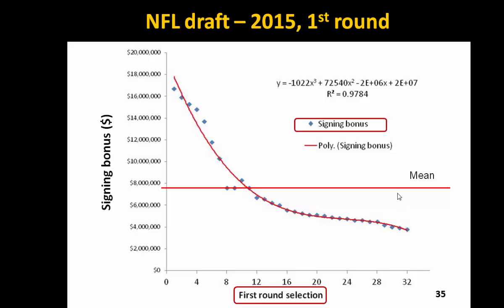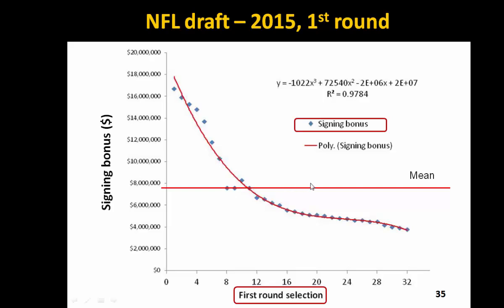If we calculated the average, which we found to be just over $7.5 million, somewhere right around here, we see that only 3 players had a value around that average, whereas the rest of those first round selected players did not have a salary close to the average.